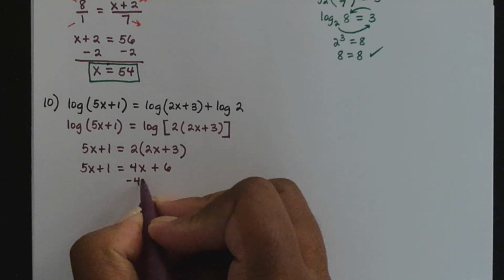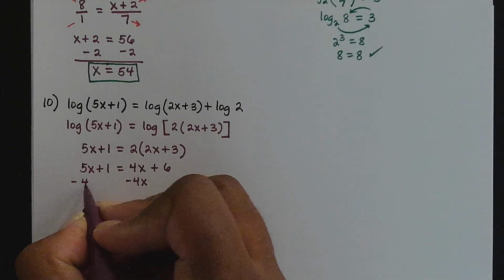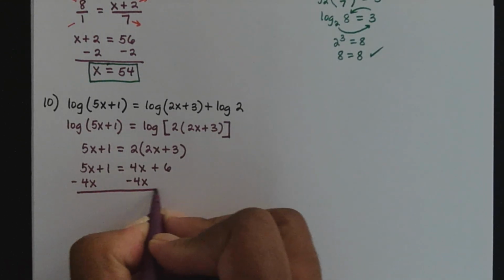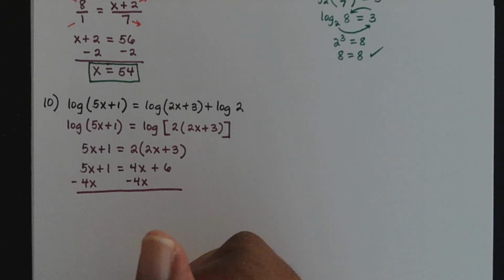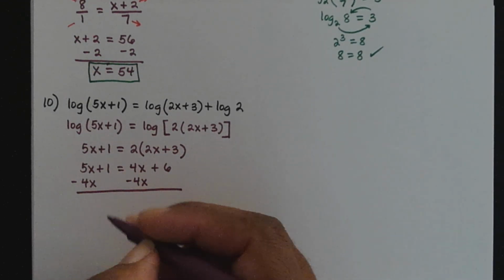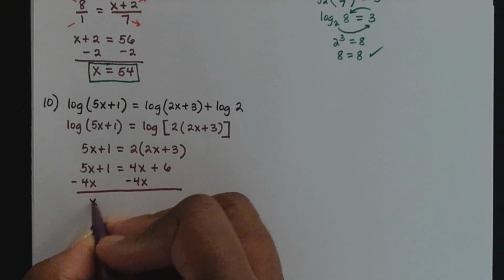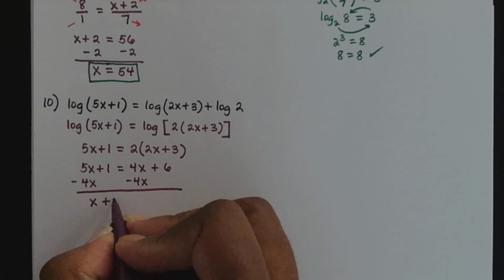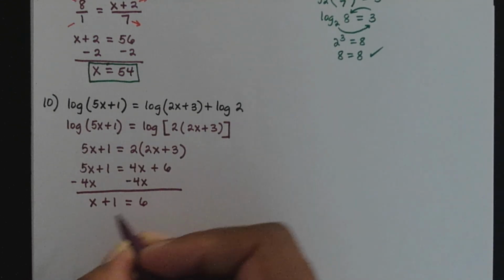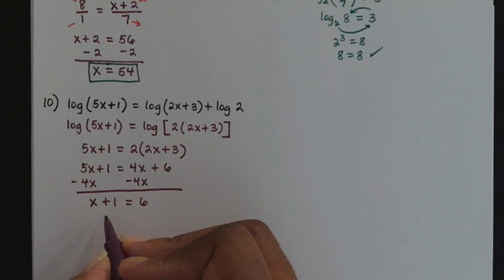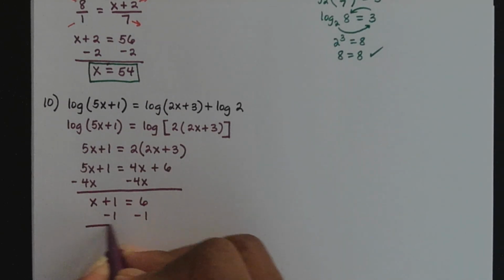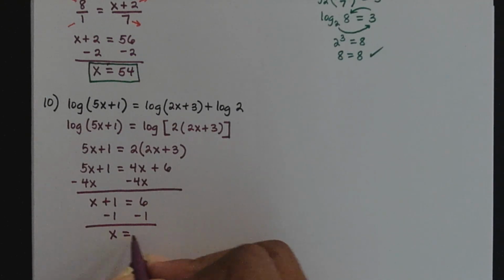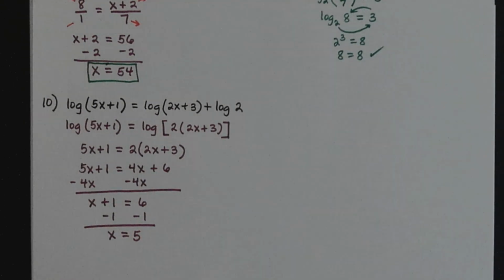Let's subtract 4x. Preferably subtract the variable that has the smallest coefficient and move that over to the other side. So 5x minus 4x will give me just x plus 1 is equal to 6. And if x plus 1 equals 6, what must x have to be equal to? 5. So my proposed solution would be x is equal to 5.